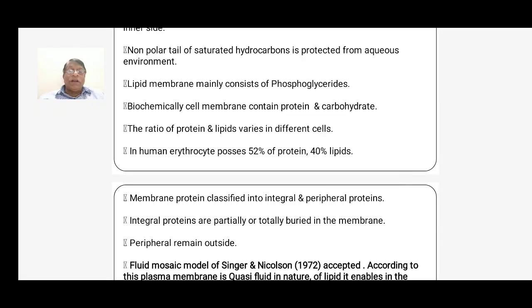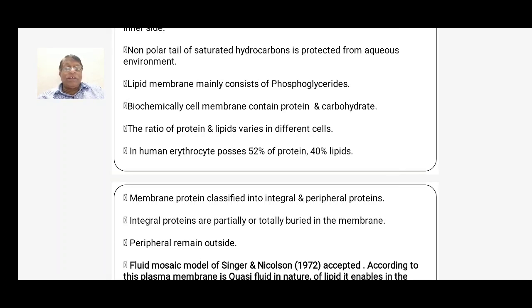How are the proteins arranged? The proteins are of two types, integral and peripheral proteins. Integral proteins may be partially or totally buried in the membrane. Partially means one part of the protein is in the lipid layer and another part is outside.